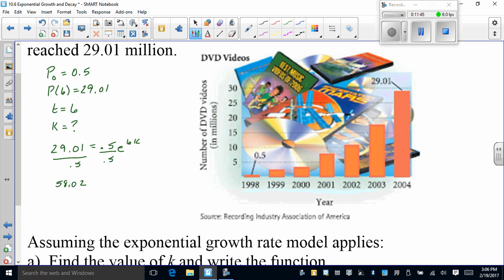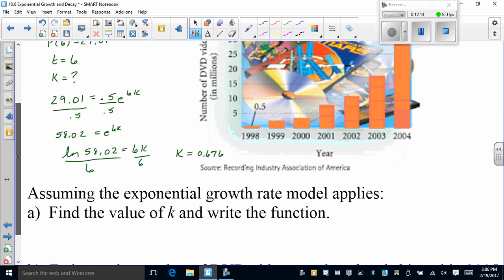Change it to logarithm, so I've got the natural log of 58.02 equals 6k. Divide by 6, divide by 6, and we get a k value of 0.676, which is actually very, very high. So there's our k value. We just did all the math for it.